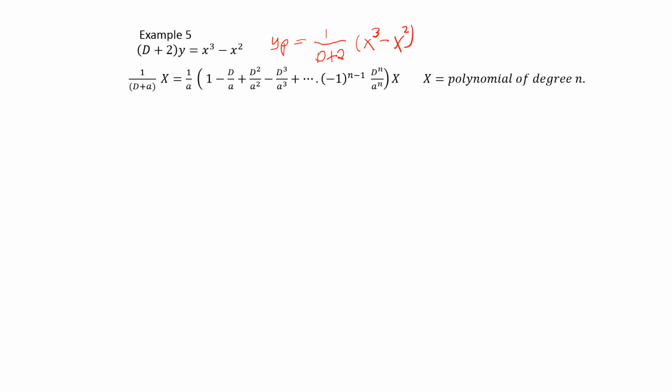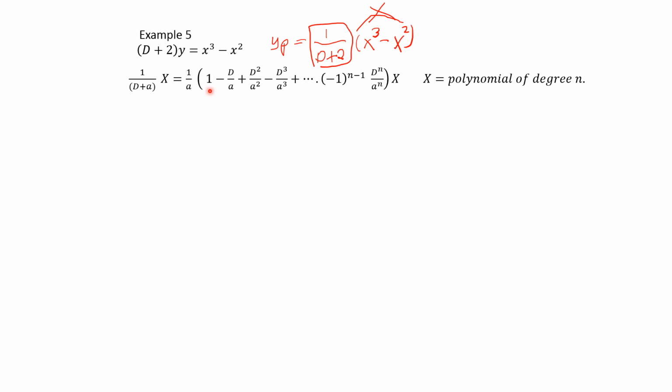Now, we know the formula. Look at this formula. Here, this will be capital X. 1 over D + a is 1 over a, and the signs are alternating: plus, minus, plus.